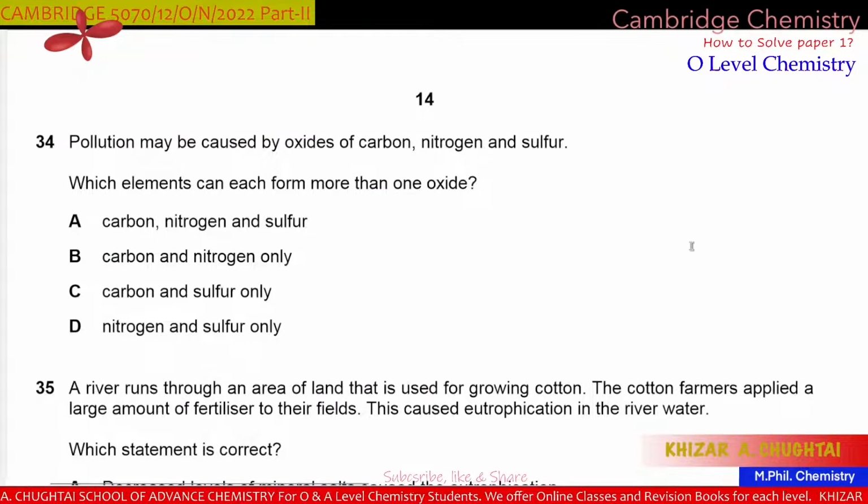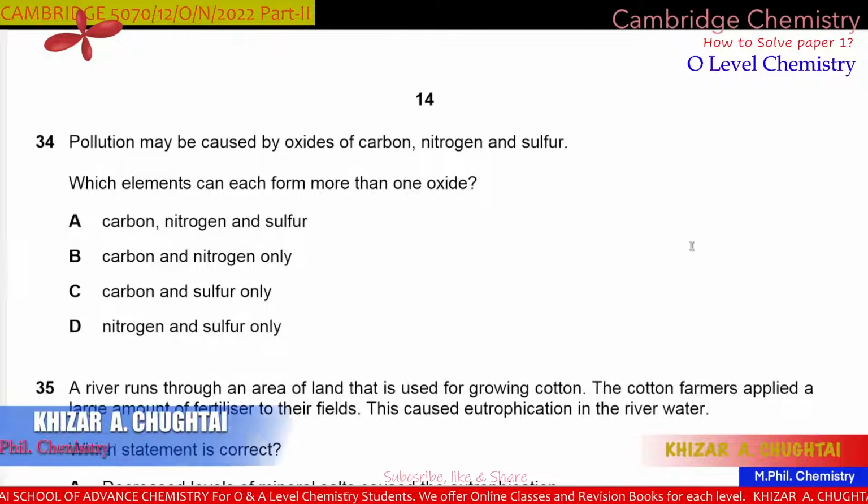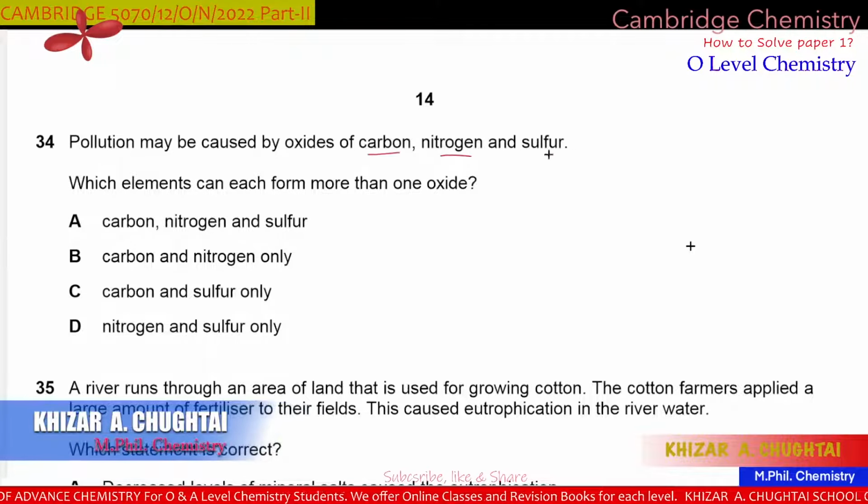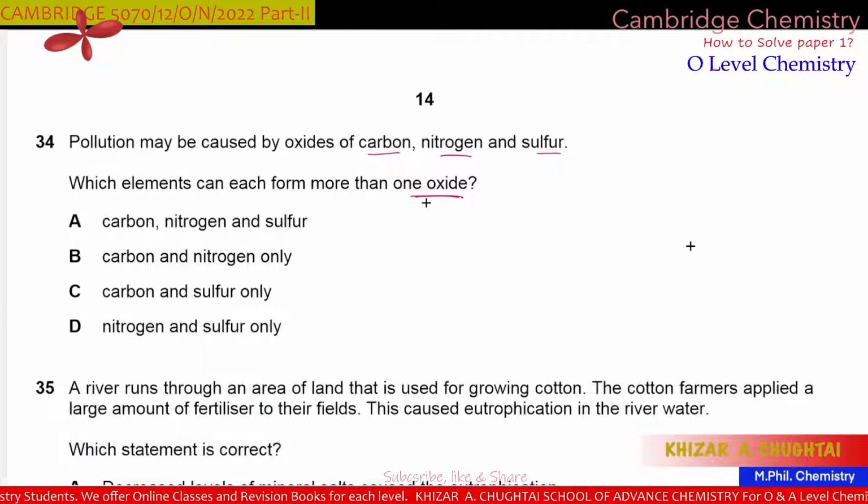Question number 34. Pollution may be caused by the oxides of carbon, nitrogen, or sulfur. Which elements can each form more than one oxide? Carbon, nitrogen, sulfur; carbon and nitrogen; sulfur only; nitrogen and sulfur only.